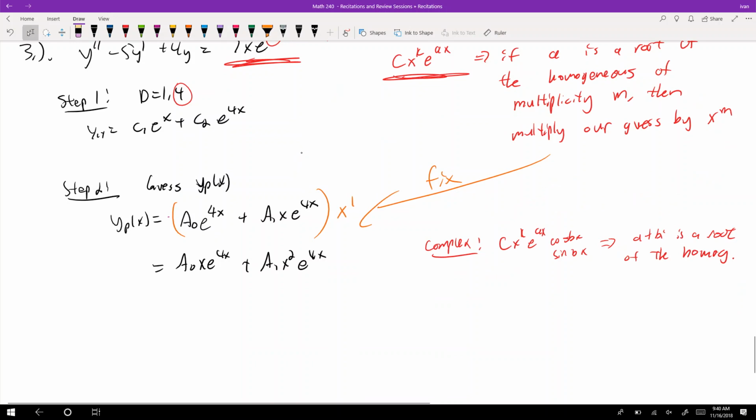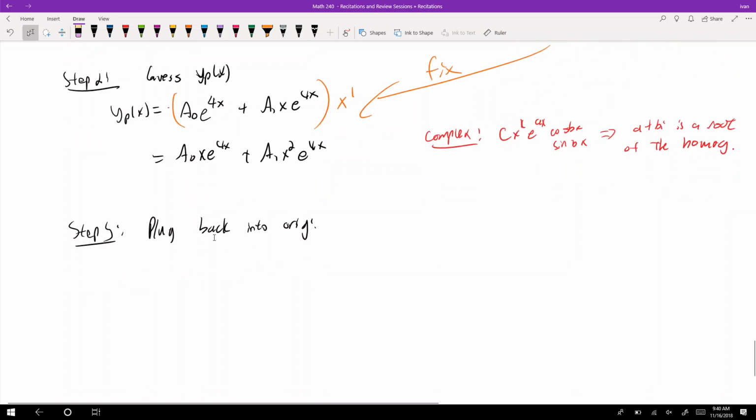Step 3, you plug it back in. Oh boy. All right, so we need up to 2 derivatives. This is why I said this isn't the most elegant solution, because well, we need the product rule.